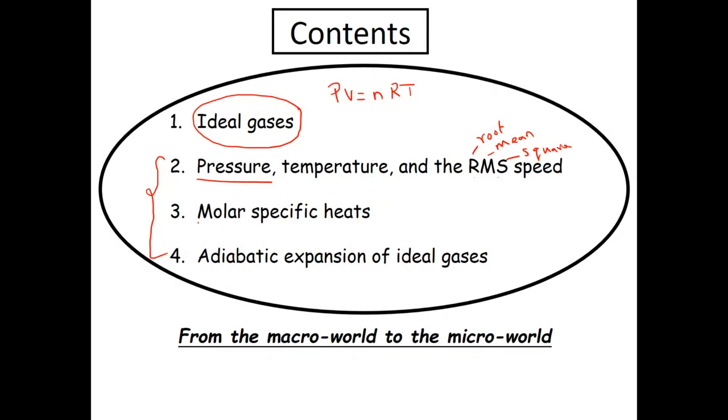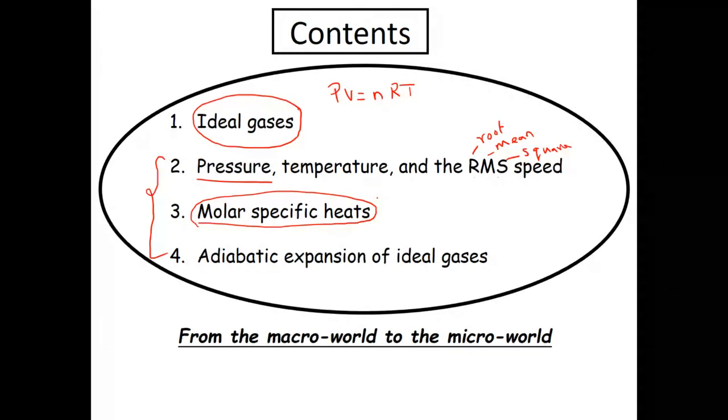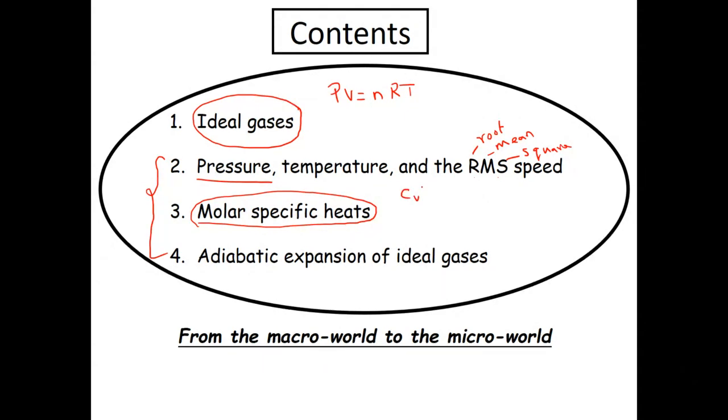After that, we are going to study the molar specific heat. My dear, we have 2 molar specific heats. One is based on constant pressure, another one is based on constant volume. Here CV stands for molar specific heat at constant volume and CP stands for molar specific heat at constant pressure. So please keep these 2 parameters very carefully.